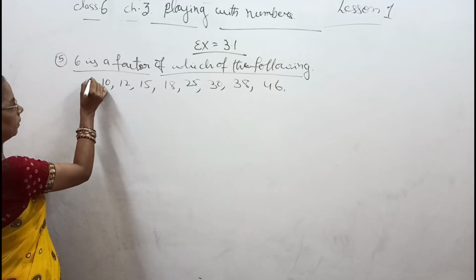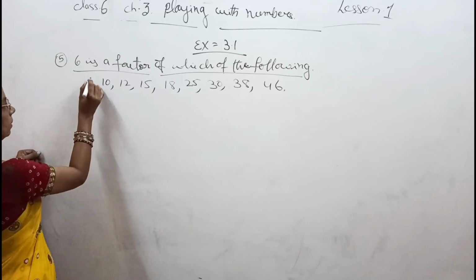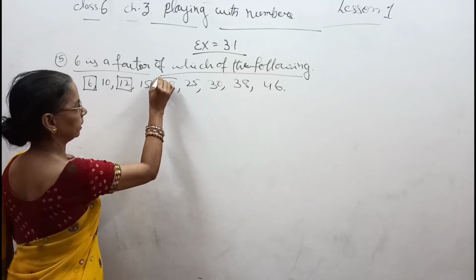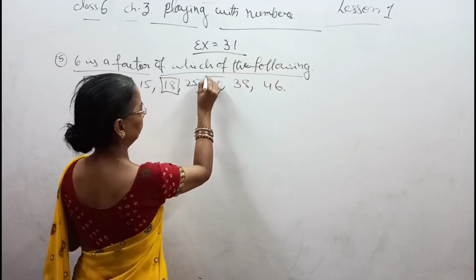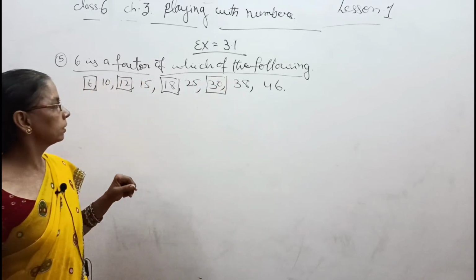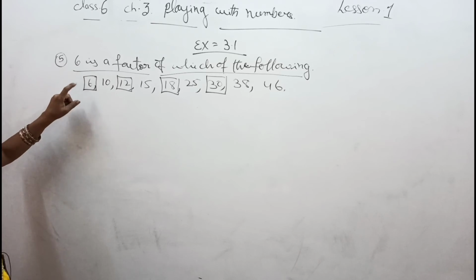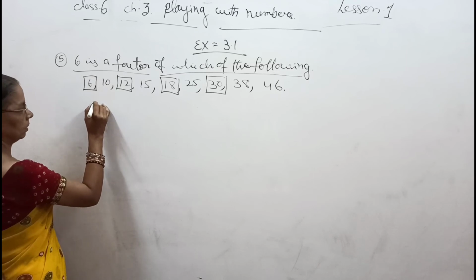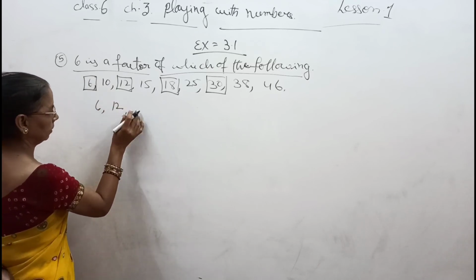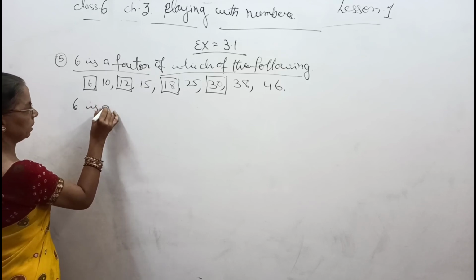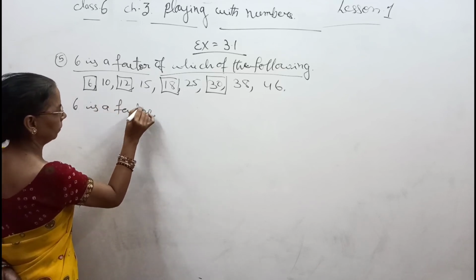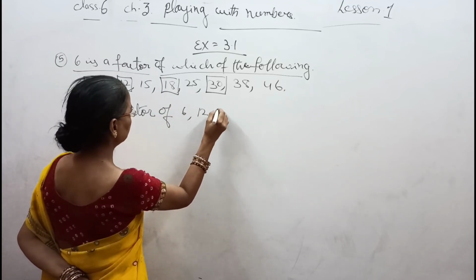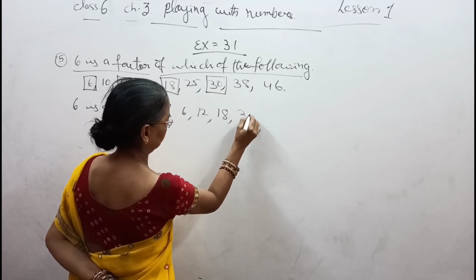Now we have to go for the table of 6: 6 times 1 is 6, then 6 times 2 is 12, then 6 times 3 is 18, then 6 times 5 is 30. These are in the table of 6, so 6 is a factor of 6, 12, 18, 30.